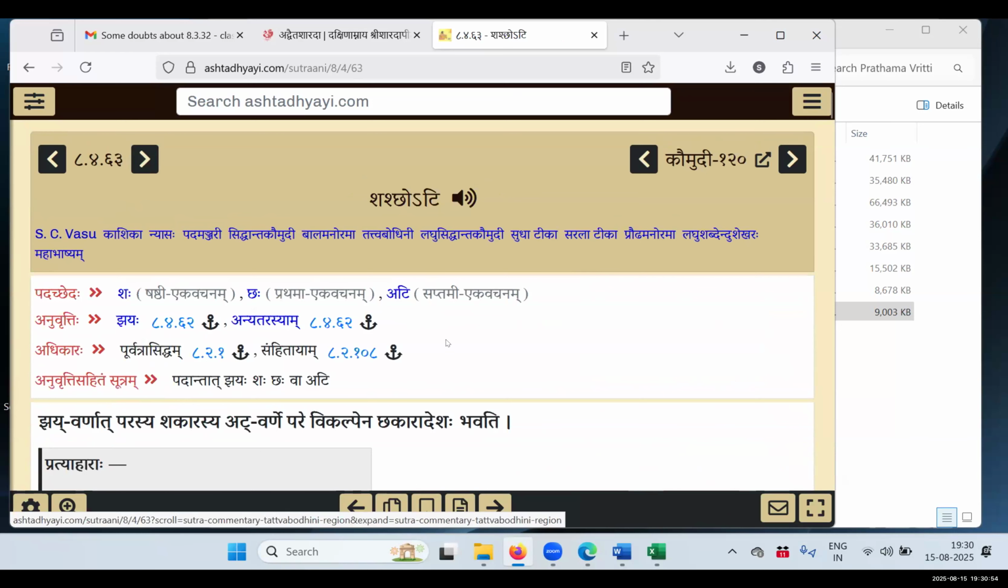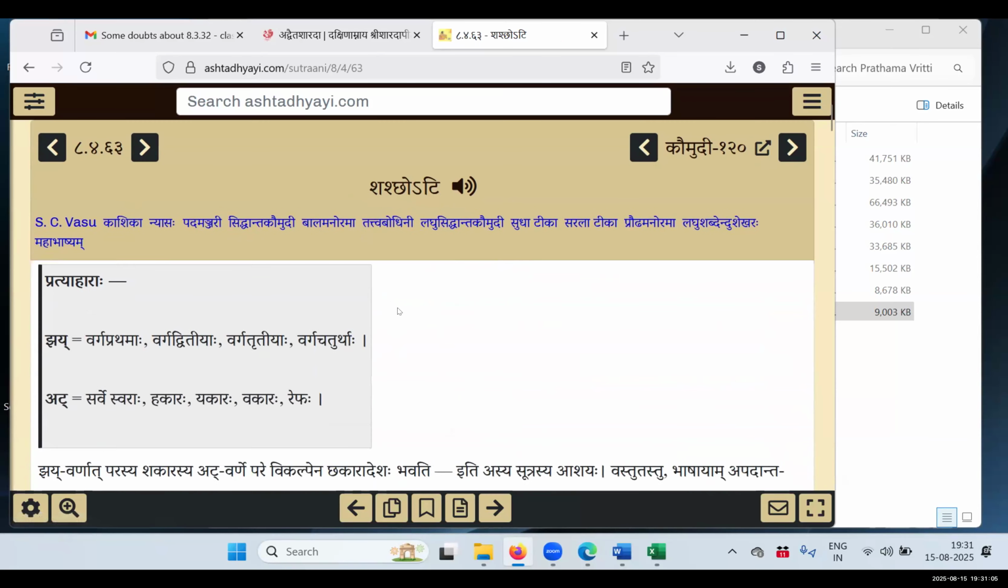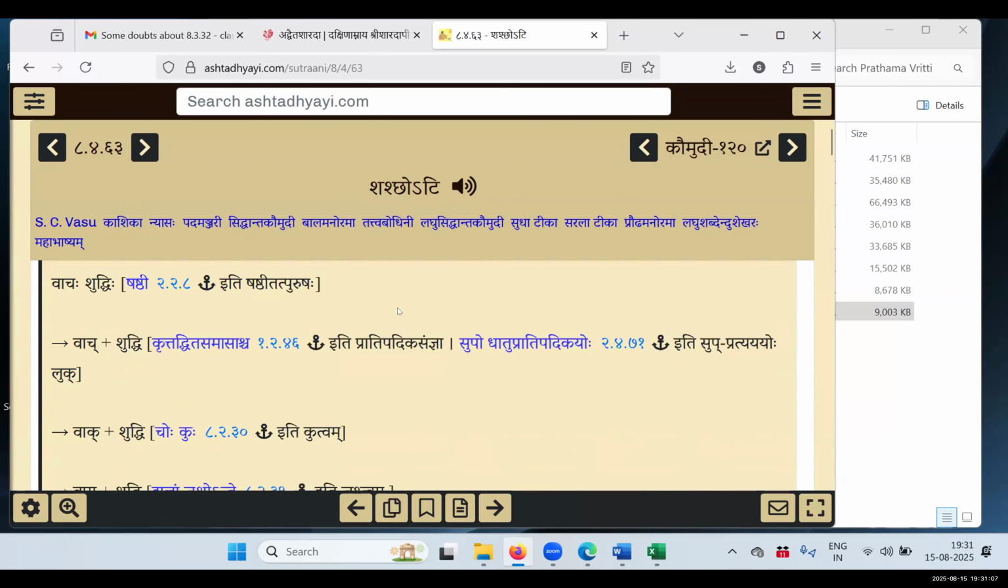Then we saw shashchoti, which is jhayaha anyatarasyam anuvritti. So you get to dot. A shakara will be replaced by chakara when an at or an follows. Examples. Here is vachaha shuddhihi. Good pronunciation. Vachaha shuddhihi will become what? Vag shuddhihi.